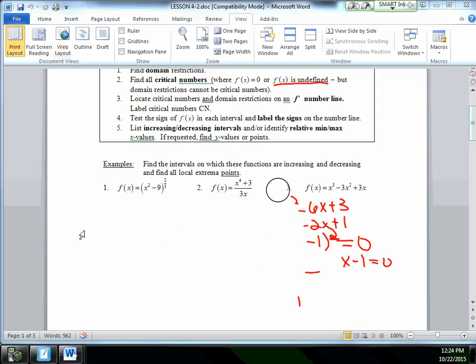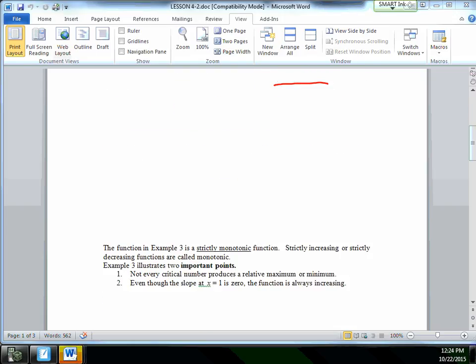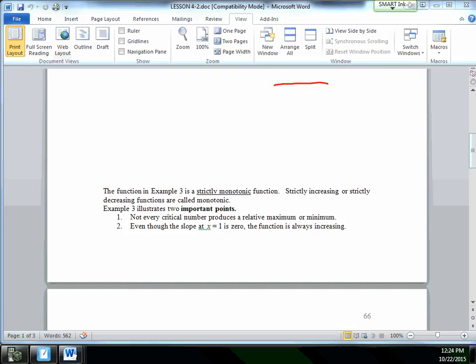Okay, so the last thing, just read over these things right here. The function in example number 3 is what we call strictly monotonic, which means it's strictly increasing or decreasing. And one other thing we've talked about, hopefully we've noticed, is that not every critical number produces a max or min. Even though we got critical numbers, if the sign doesn't change from positive to negative, like it did with that strictly increasing function, it doesn't mean you're going to have a max or min.